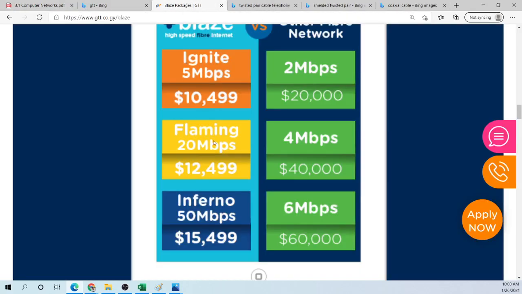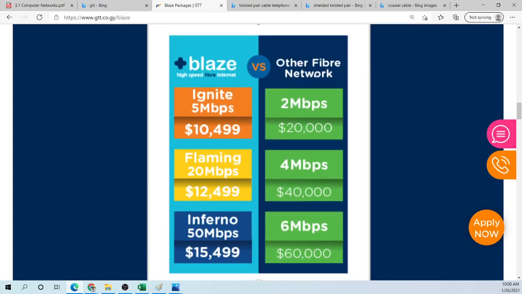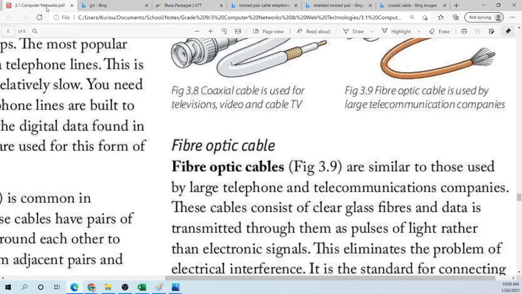GTT is actually using it right now for their Blaze connection. Notice they have the words high-speed fiber internet, other fiber network. So it's an expensive cable. That is why they're taking so long to install it in different areas, because it's actually a difficult setup.